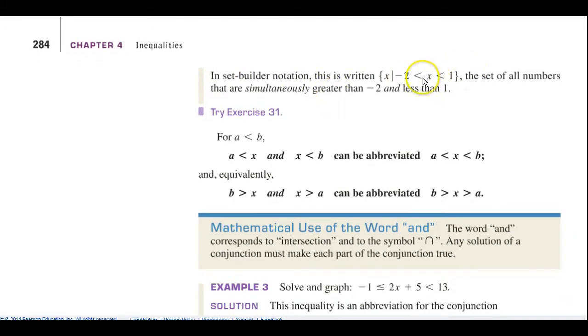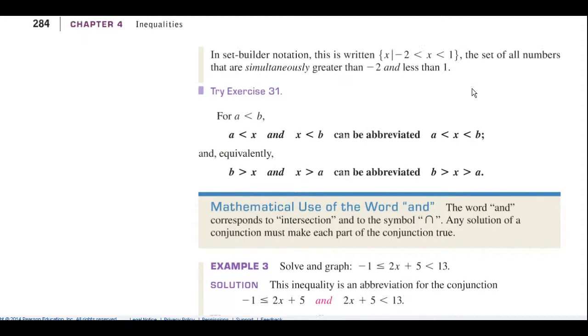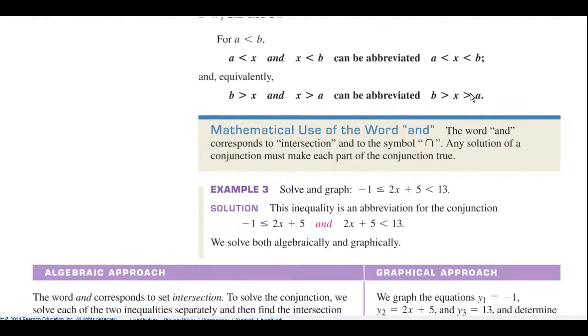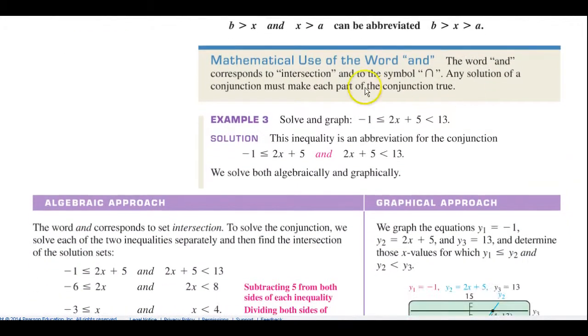And there is the set builder notation. And here they're referencing what we had said about the word "and" in math. It's a special word. Now we use the word "and" all the time as a conjunction, this and this.